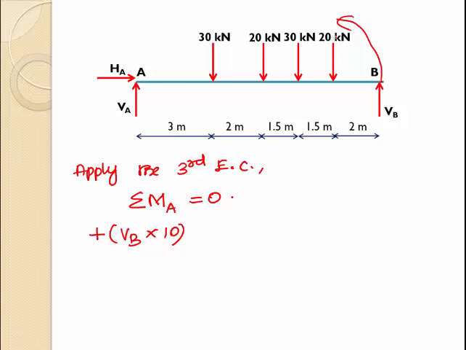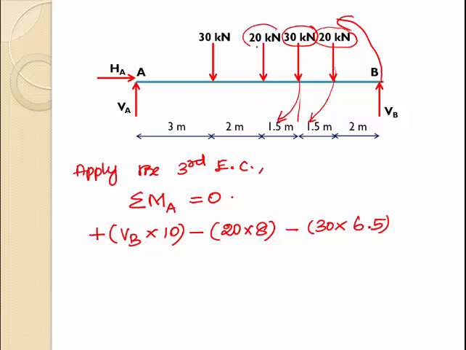So next consider this force 20 kilonewton. About point A, this force is causing bending moment in the clockwise direction. So the sign is minus 20 into the distance between this 20 kilonewton and point A, which is 8 meter. Considering the force 30 kilonewton, about point A, this force is causing bending moment in the clockwise direction. So minus 30 into the distance of 6.5 meter.